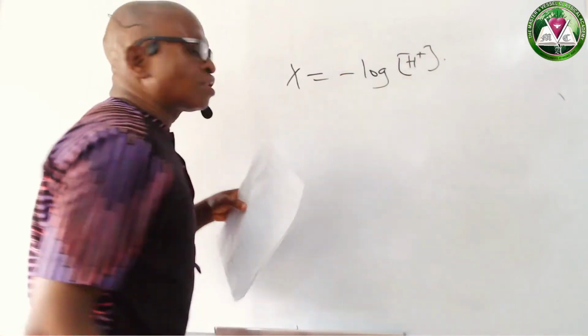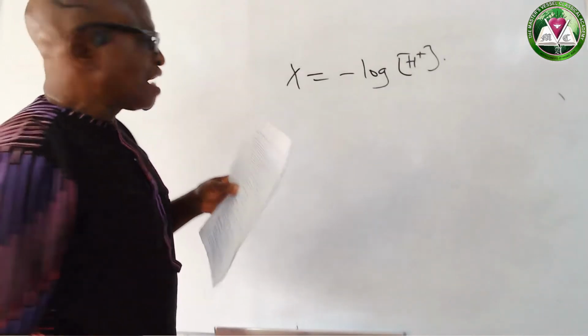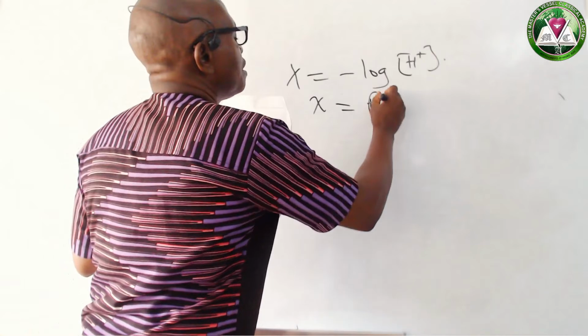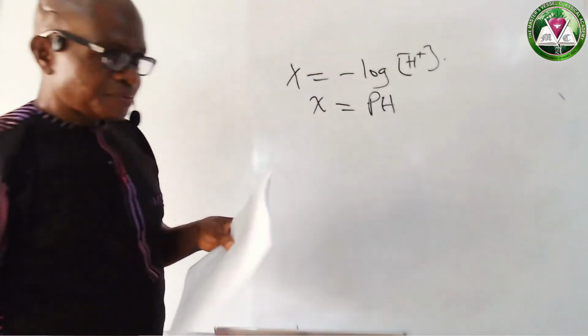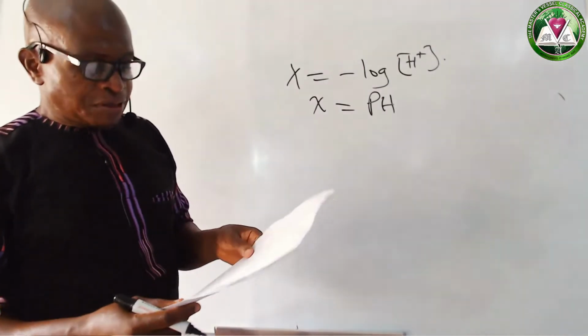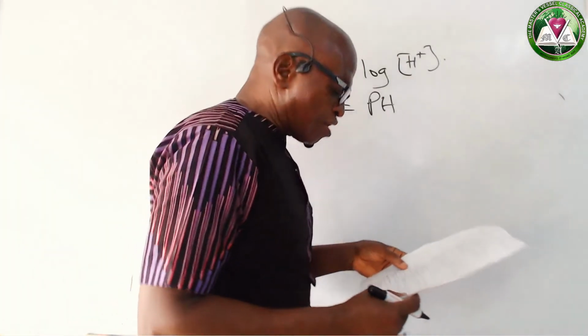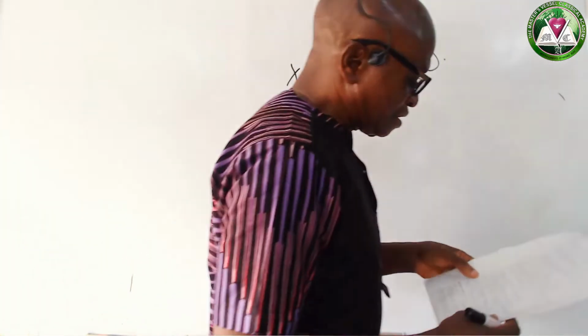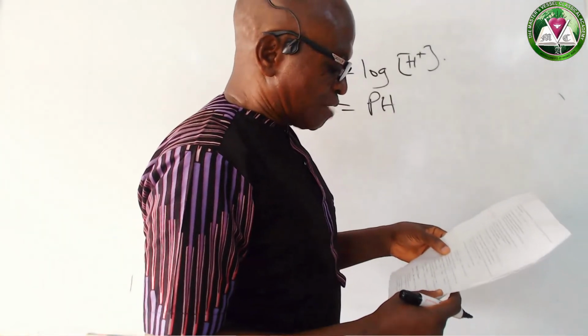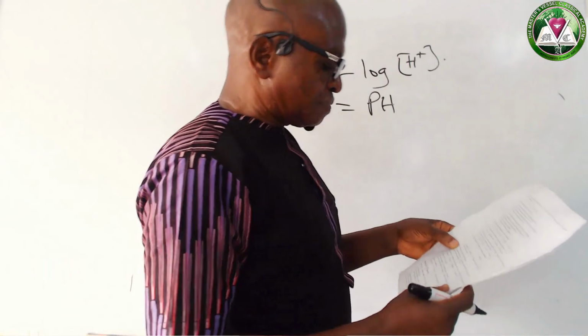This is the definition of pH. Therefore, X is the pH of a solution, the negative log of hydrogen ion concentration. That is pH. And the answer, the same thing, is the degree of acidity.